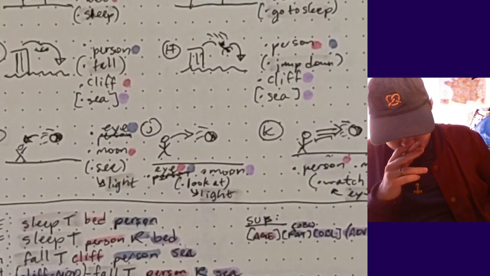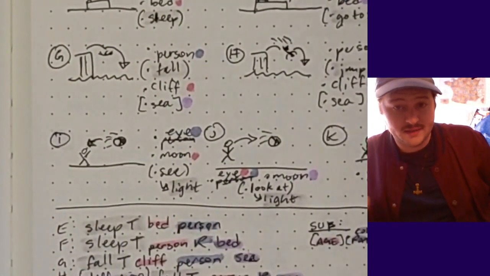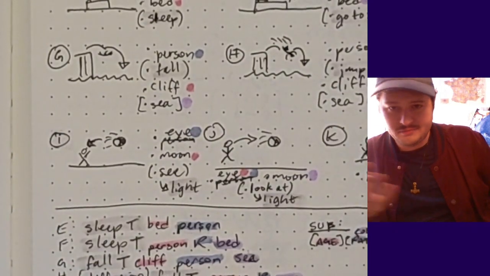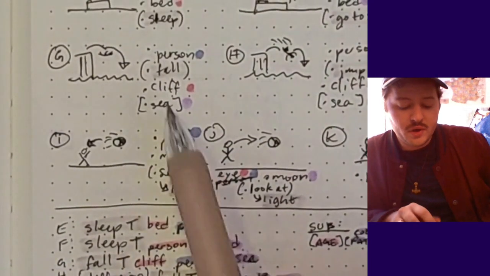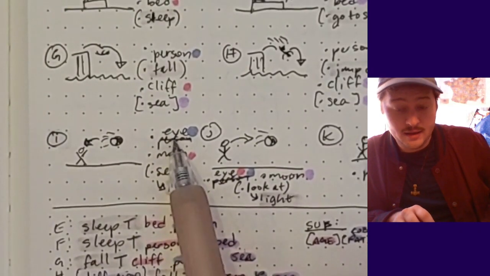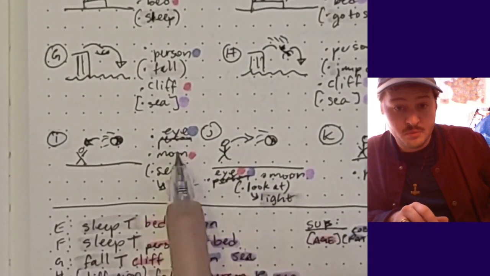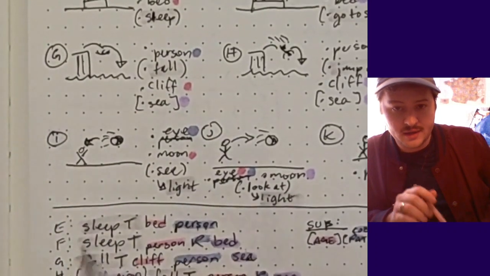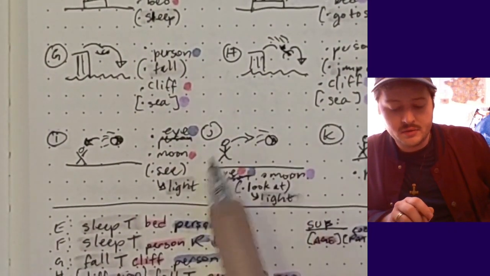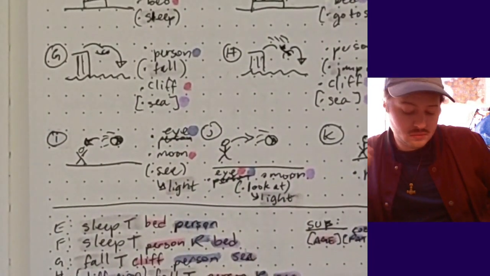So in the first one, the person is just kind of passively, it's in their vision. They see it. Are they paying attention to it? Not really. Are they looking at it, staring at it? Not really. It's just they can see it. So what I have there is that the moon is giving light to the eye. So light is the verb, moon, eye are the three things there. In the second one, the person is looking at the moon. They're like, hey, there's the moon.